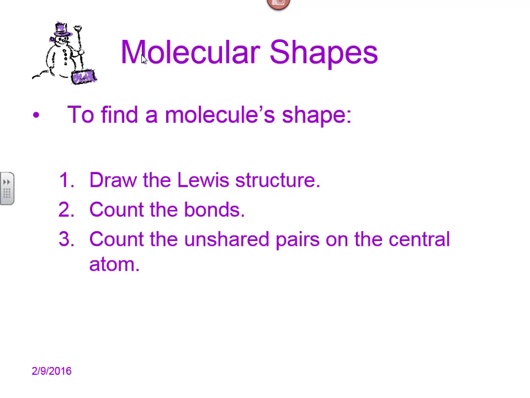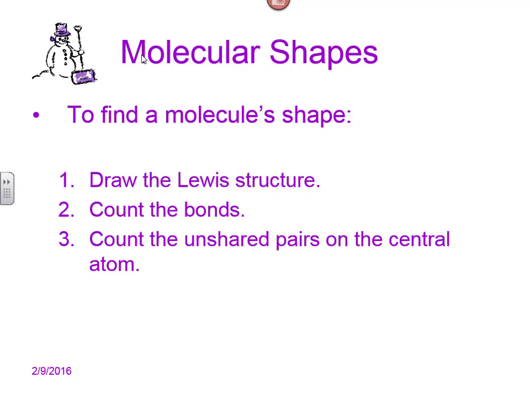The third thing is to count the number of unshared pairs on the central atom. And you should remember from last time that an unshared pair is a pair of electrons that is not involved in making a bond.